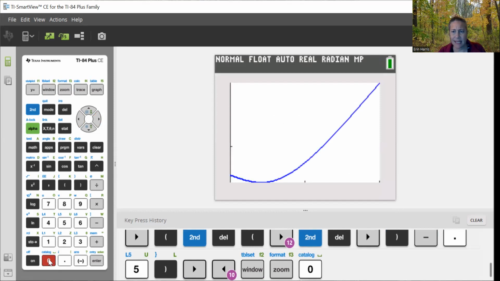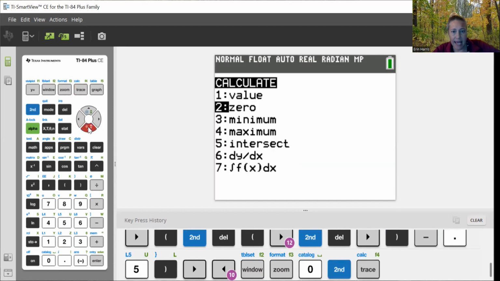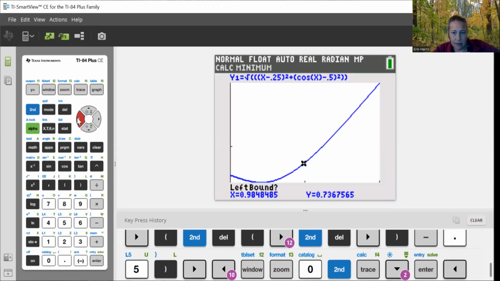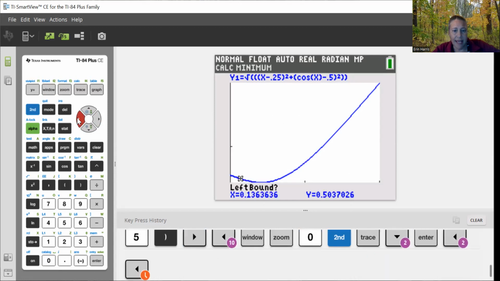The last time I did this, I just had an increasing function, which was obviously a clue to me that I had entered something wrong. I knew I had to have a min. Okay, so we go to second, calculate, and we want minimum. And so left bound, right bound. Another thing that you have to remember on the calculator is the y value is the distance to the curve.